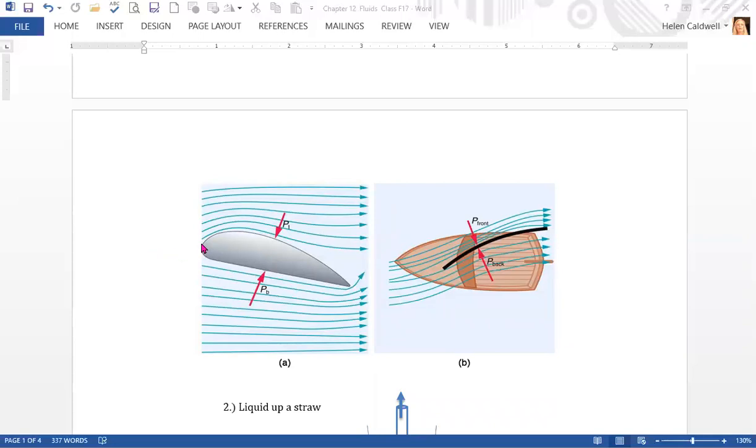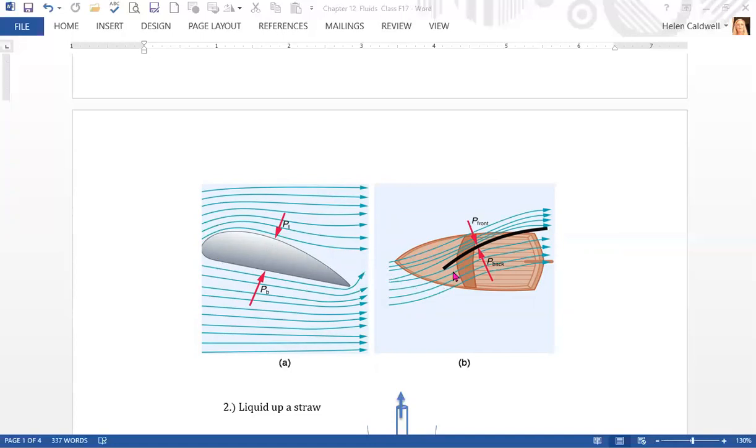As it gets split because of the wing, the air across the top has to travel a greater distance. And in order to do that, the speed actually increases. So the air across the top goes faster, but we've already said high velocity, low pressure. And the air across the bottom travels a shorter distance, so it'll have the higher pressure because it's got the slower velocity.